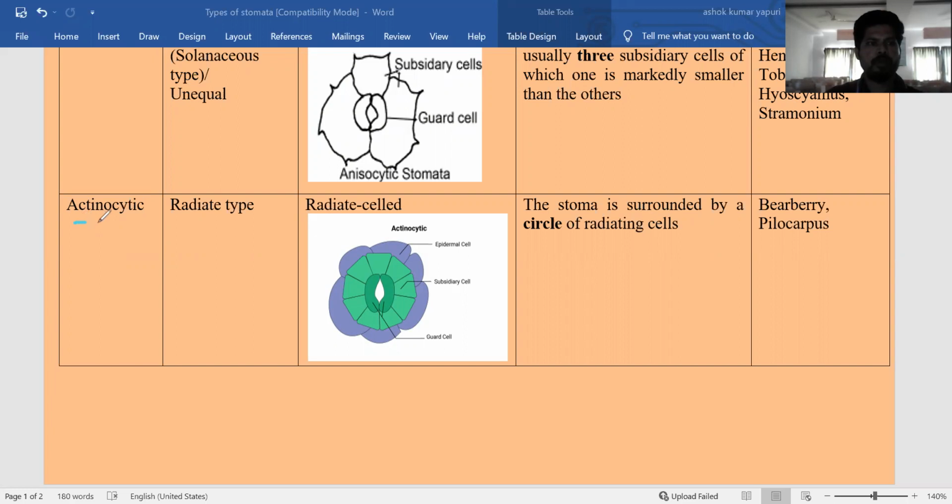The cells are arranged like radiating cells. This is the structure. Here it is the epidermal cell, and these are all subsidiary cells.